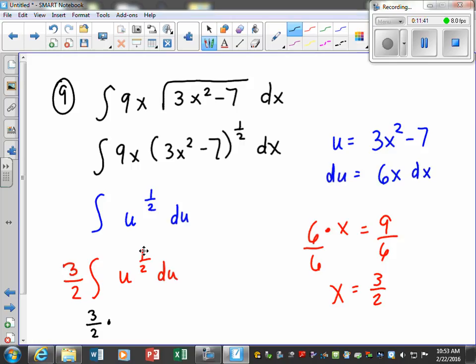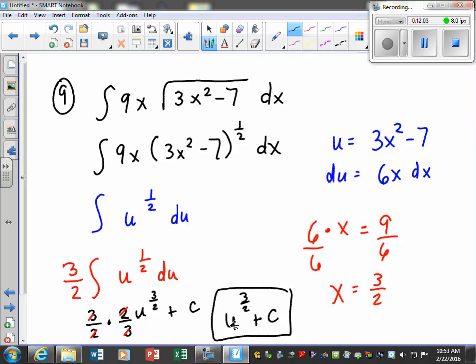Now the antiderivative is going to be u to the 3/2 divided by 3/2, which would give us this. Now what happens to those? Yeah, they end up canceling. And we're just going to be left with u to the 3/2 plus c, which you could always take this next step and replace u back with 3x squared minus 7.